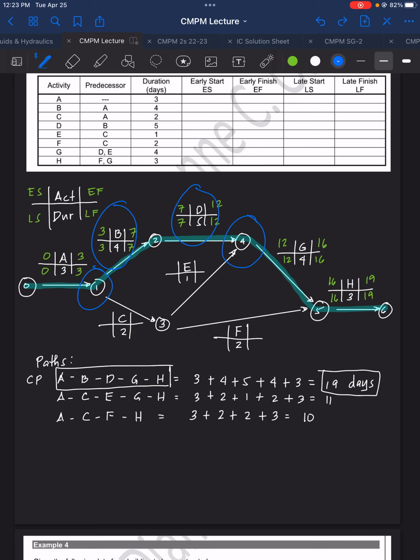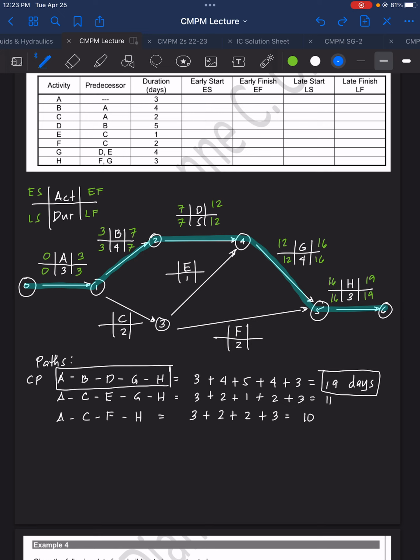Meaning to say that along this activity, C and E, we will be able to find a dummy activity. Which means that you can move activity E and activity C farthest. So you can move it here at the 9th day.